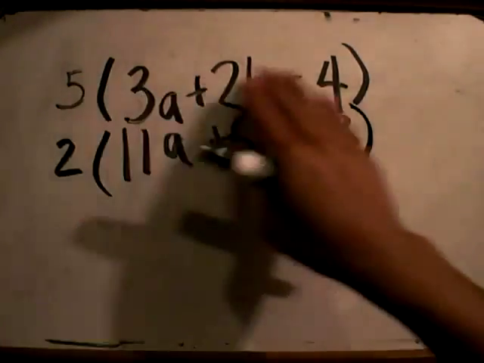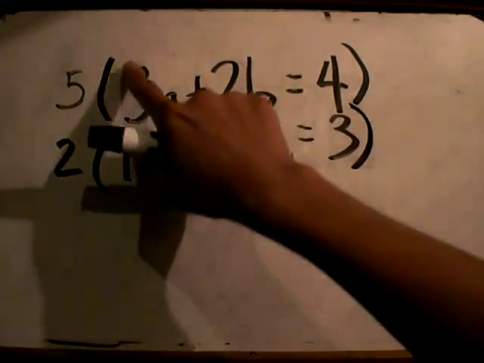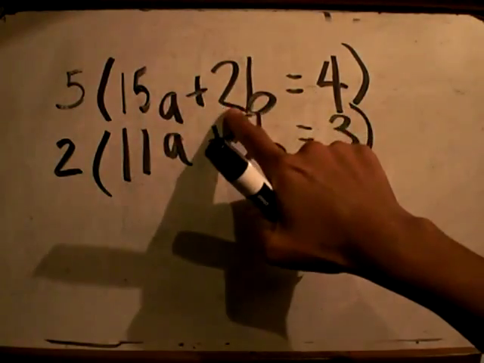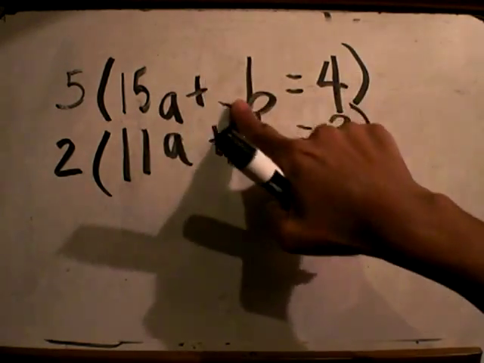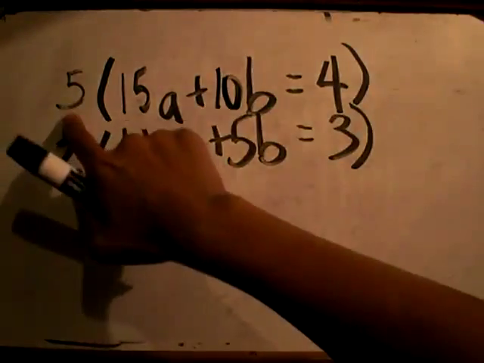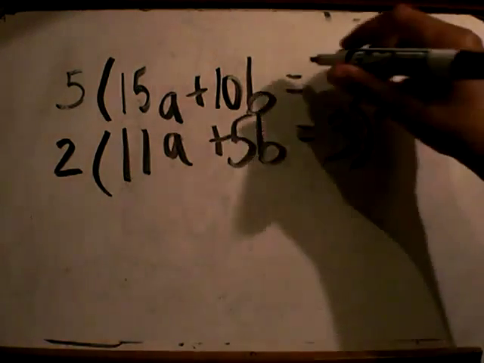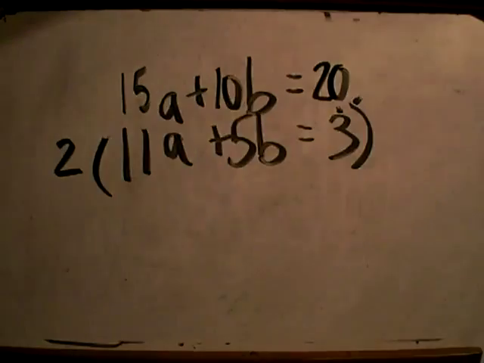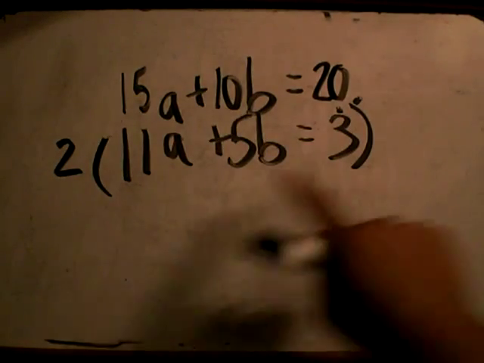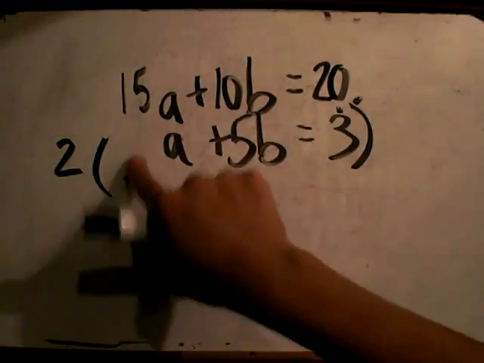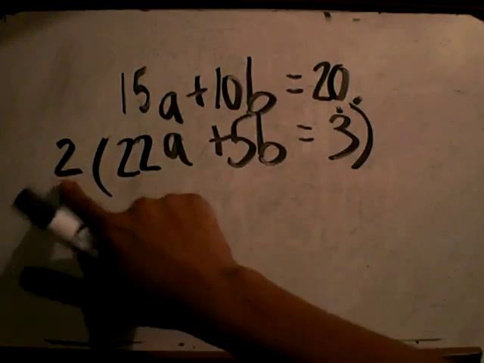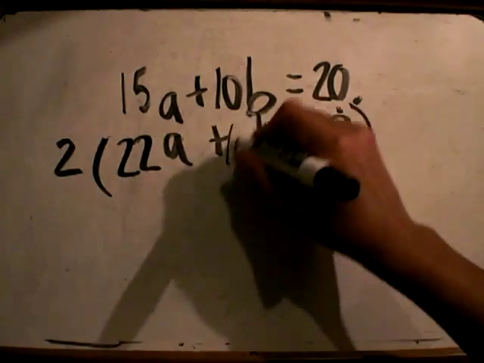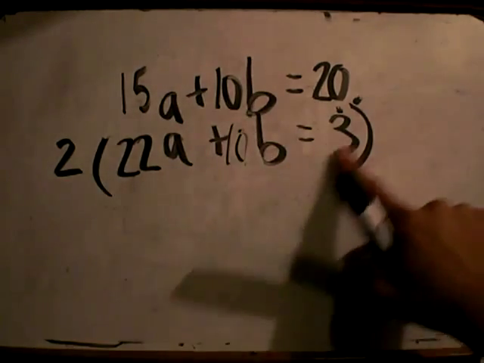Let's start with the first equation. 5 times 3 is 15, 5 times 2 becomes 10, because we wanted that to be a 10, and 5 times 4 becomes 20. Now the second equation. 2 times 11 equals 22, 2 times 5 equals 10, and 2 times 3 equals 6.